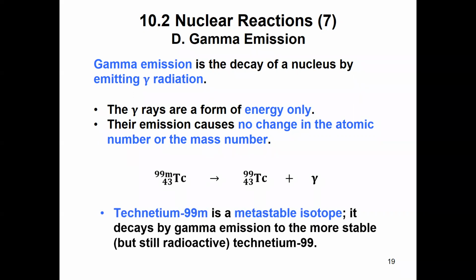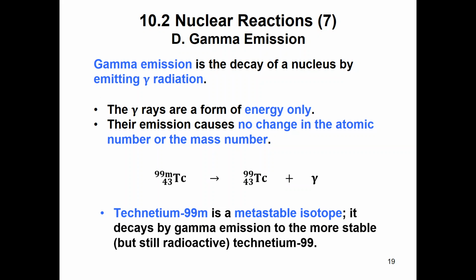For example, technetium-99m is a metastable isotope. So the m after the 99 stands for metastable. It decays by gamma emission to the more stable but still radioactive technetium-99.